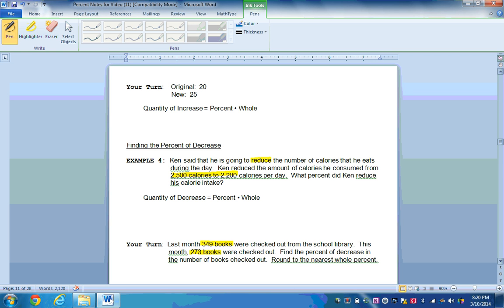All right, let's take a look at how you did here. We have to find the quantity of increase. That means we're going to subtract the numbers. 25 minus 20, and that's going to equal my percent times my whole, which is my original, of 20. Do the subtraction here, and you get 5 is equal to P times 20.